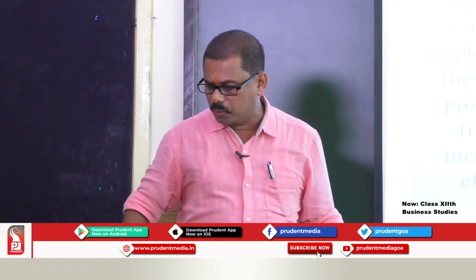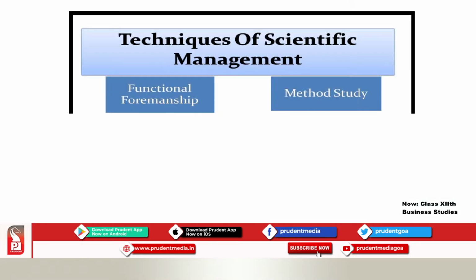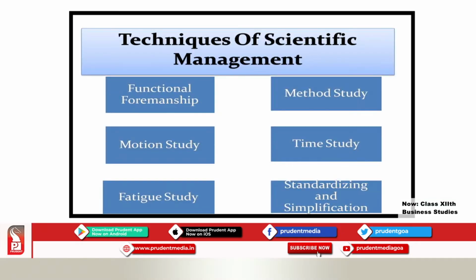Now we'll talk about the techniques of scientific management, the techniques given by Frederick Taylor, the research that he has made during his working period, and he has developed certain techniques of the management.